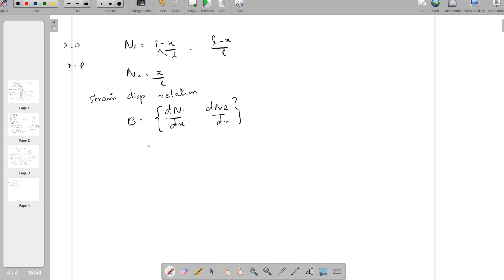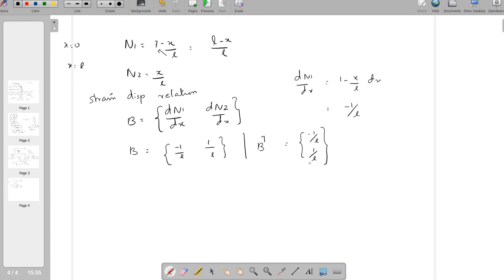If you differentiate with respect to x, dn1 by dx, where n1 is 1 minus x by L, differentiating with respect to x gives minus 1 by L. Similarly, if you differentiate n2 with respect to x, it is plus 1 by L. So the B matrix is minus 1 by L, plus 1 by L. The transpose of this, B transpose, is minus 1 by L, plus 1 by L in a column-wise arrangement.